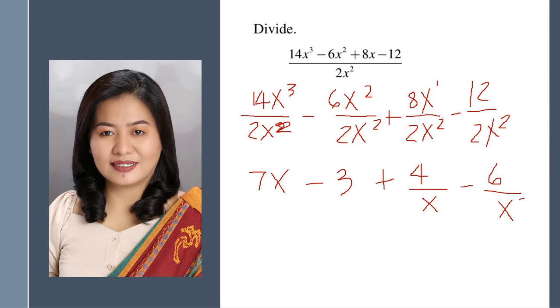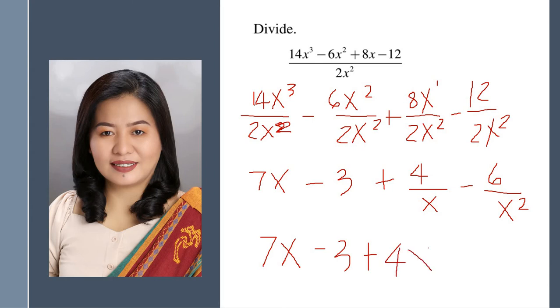Okay. Sometimes it will also ask you not to have a fractional form. If it states to give an answer without fractions, then we can rewrite it as 7x minus 3 plus 4x.